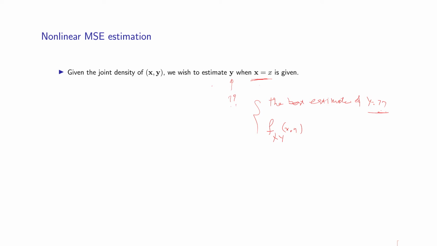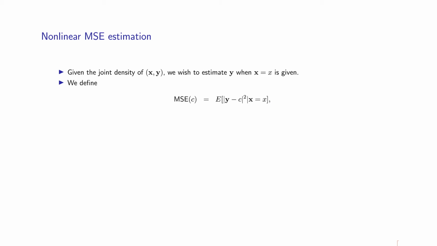So the best estimator here, the criterion, how we choose this estimator, we want to find an estimator which is optimal in the sense of mean square error. So we want that the error between these is the estimator.